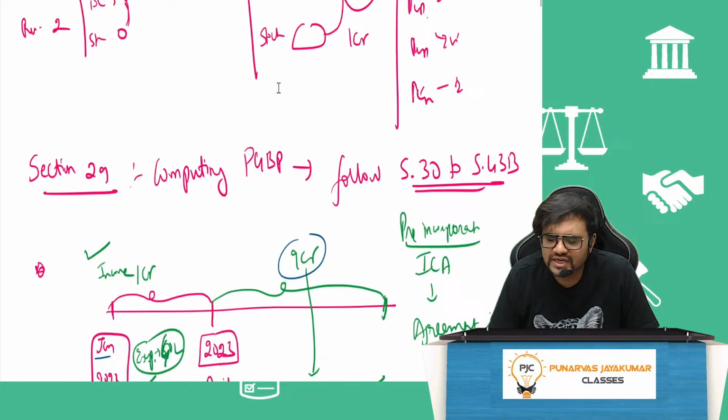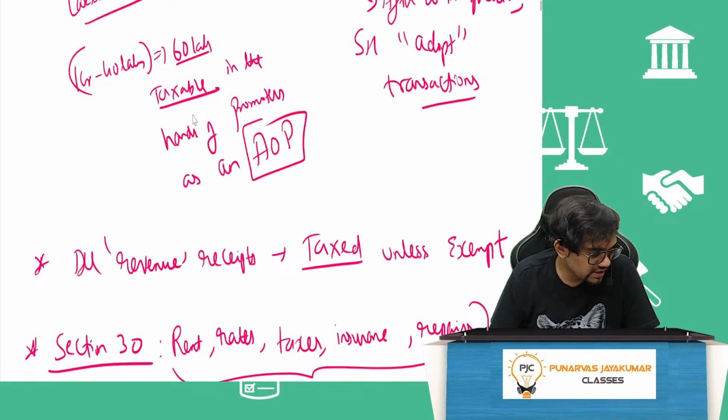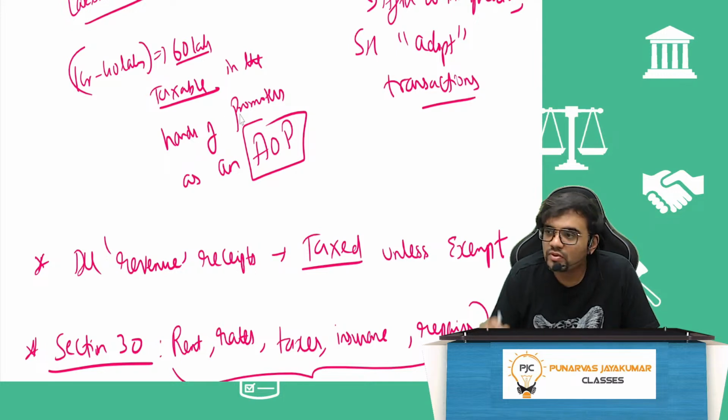So section 29 read with various cases says that 60 lakh is taxable in the hands of a promoter. It is taxable in the hands of a promoter as what? As AOP, Association of Persons.